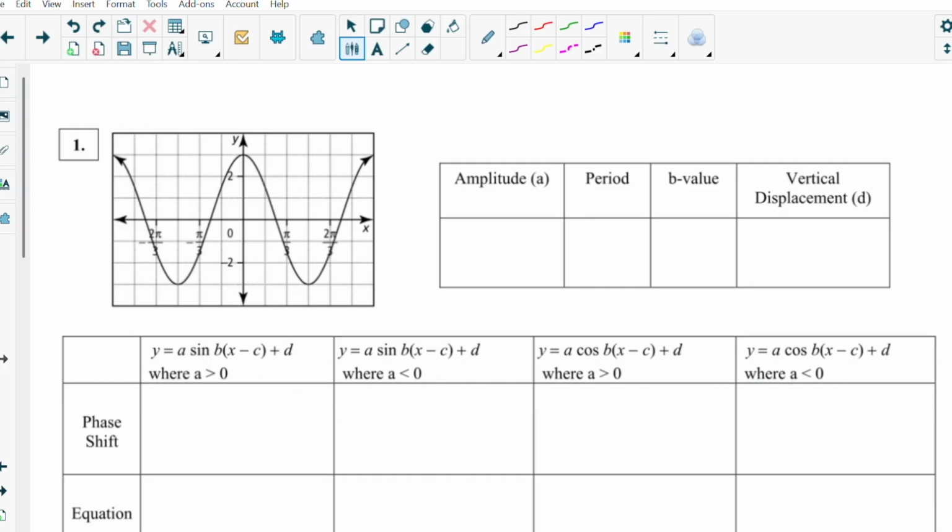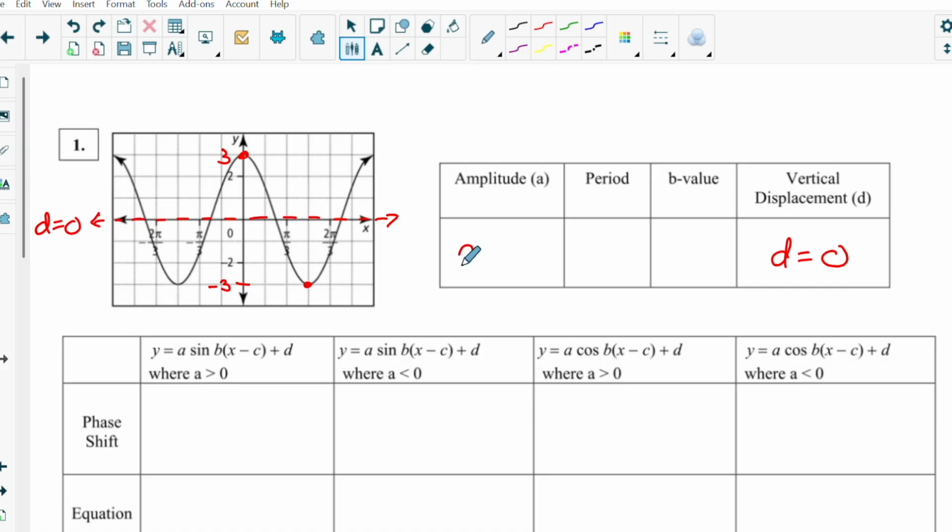So what is the amplitude? Well, I see that d equals 0. I don't have a vertical shift. So that's my sinusoidal axis, so d equals 0. If d equals 0, this is my min, which is -3, and this is my max, which is +3.